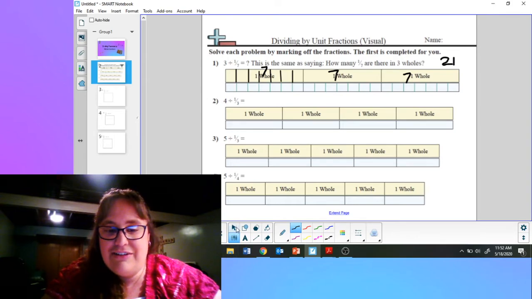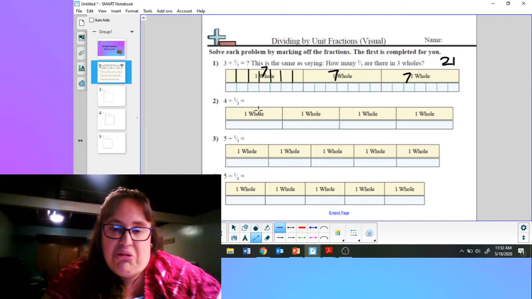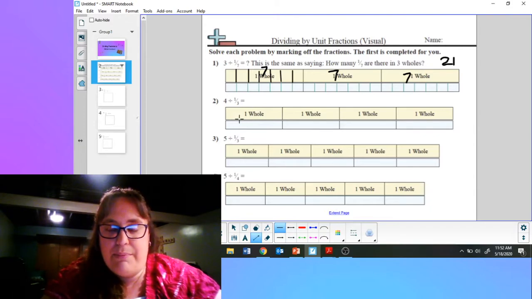All right, let's take a look at another one. We've got 4 divided by 1/3. So here's our 4 wholes, 1, 2, 3, and 4. And we're going to split each one up into how many pieces? 3 pieces. So again, you can do it down below or you can do it up above. I prefer to do it up above, but whichever one makes sense to you. So I'm going to split this one up into 3 pieces. Long John donuts, that just makes sense to me for this one.